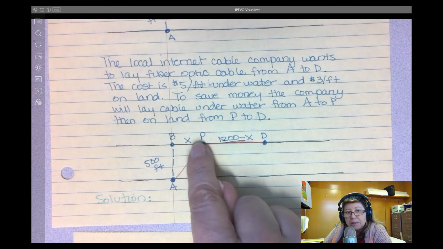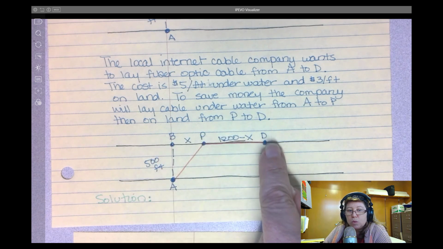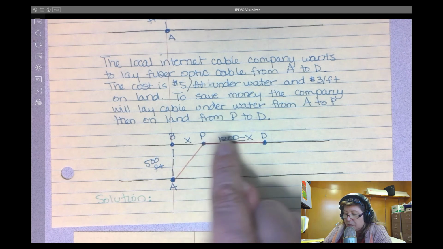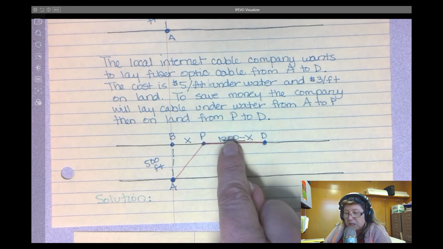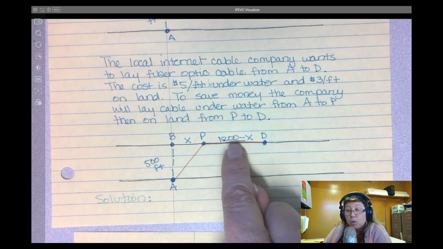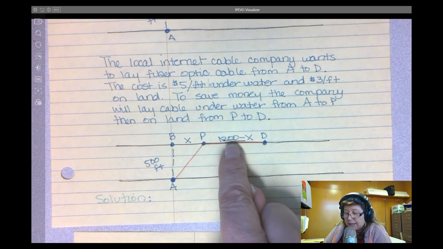From B to P is some distance, and from P to D, well, I know the whole entire distance was 1,200 feet. So let's say that X is 100 feet. Then 1,200 minus 100 would be the remaining 1,100 feet. And if X was 200 feet, then this would be 1,000 feet, because I just subtract out whatever X is. So this setup is pretty nice.